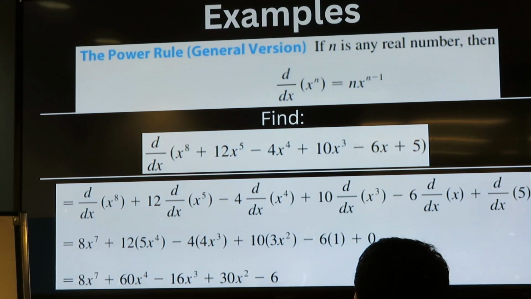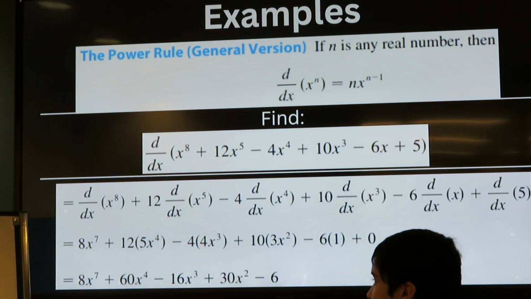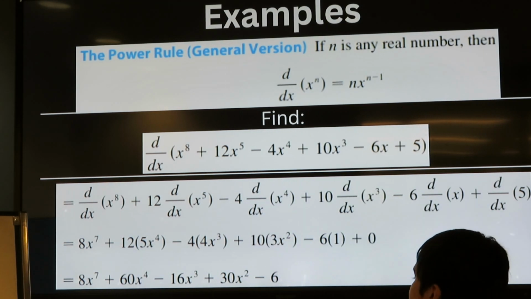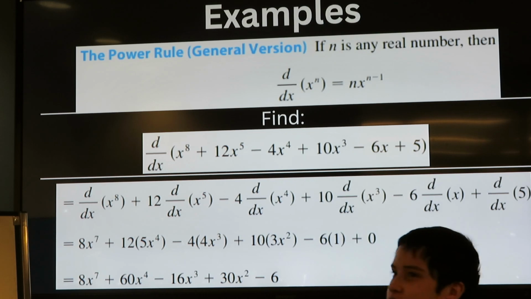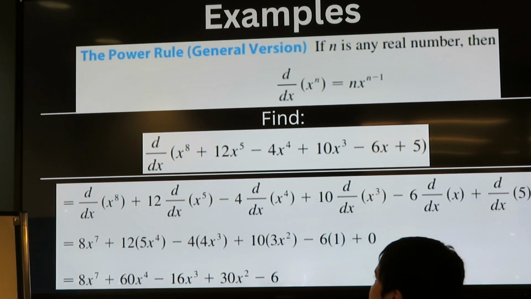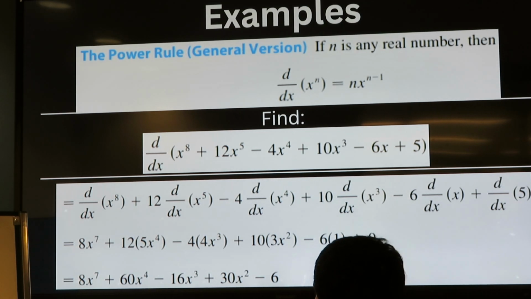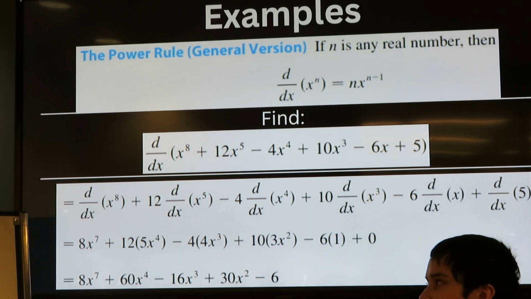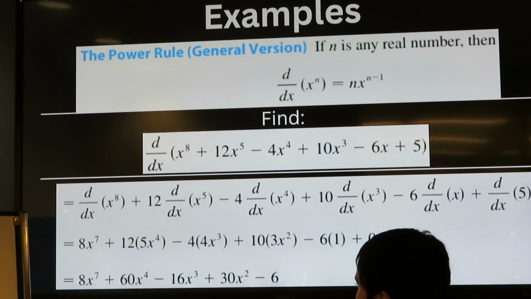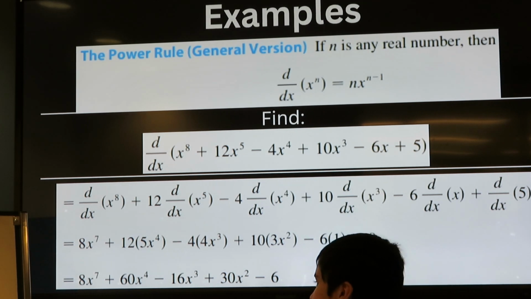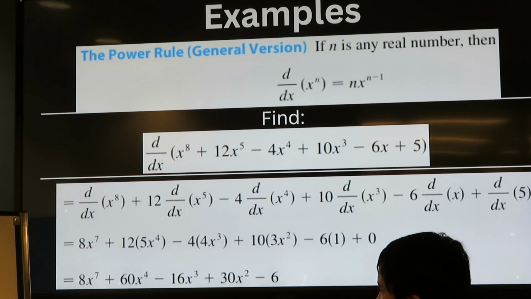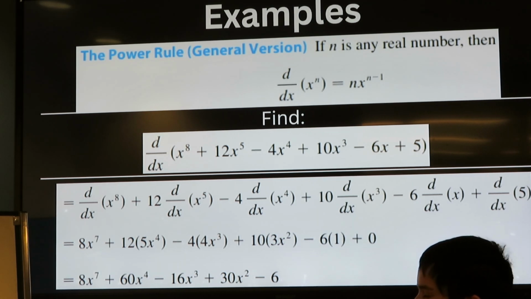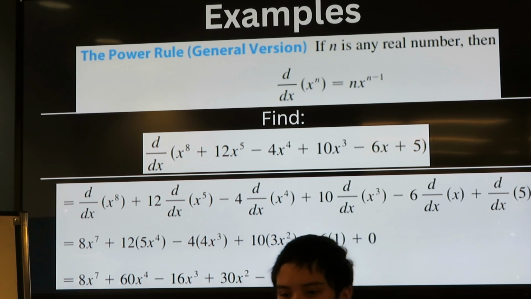So, since we have a sum and difference of expressions, we break them up into individual derivatives. Then we take the derivative of each individual term, and use the power rule, since this is a polynomial. So once we finish differentiating, we get 8 times x to the 7th plus 16 times x to the 4th minus 16 times x to the 3rd plus 30 times x to the 2nd minus 6.